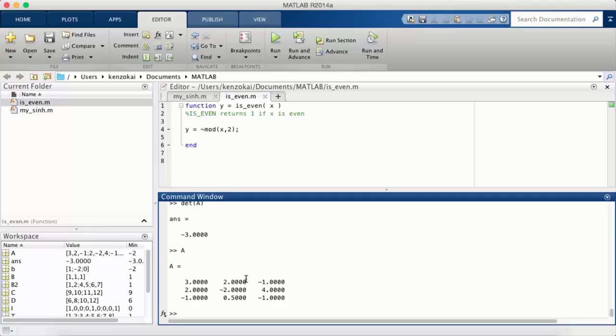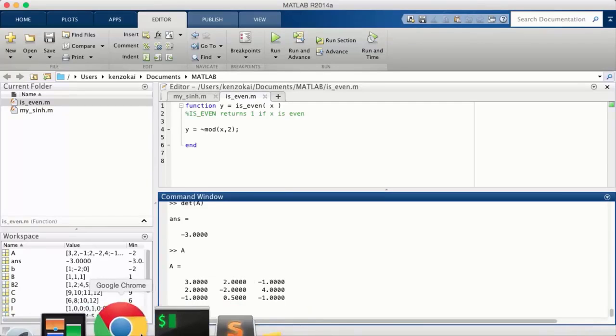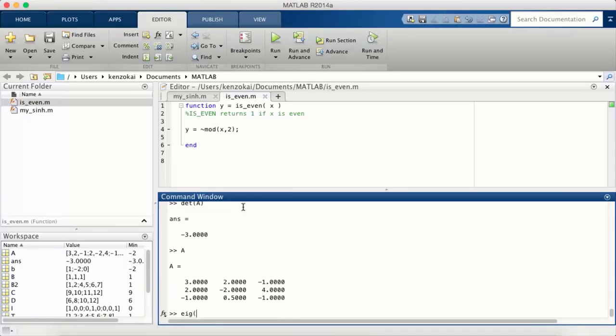We can also compute the eigenvalues of a matrix. So eig(A). And now you know when we compute eigenvalues, we usually want the corresponding eigenvectors.